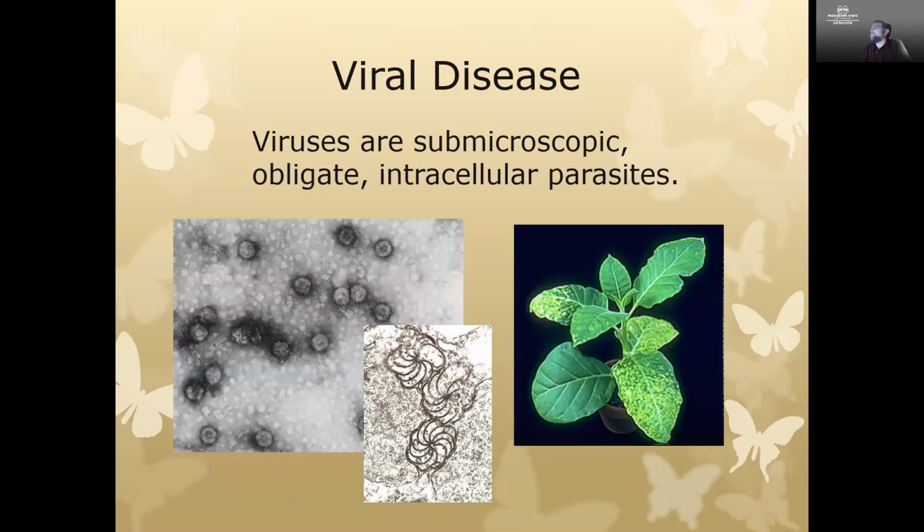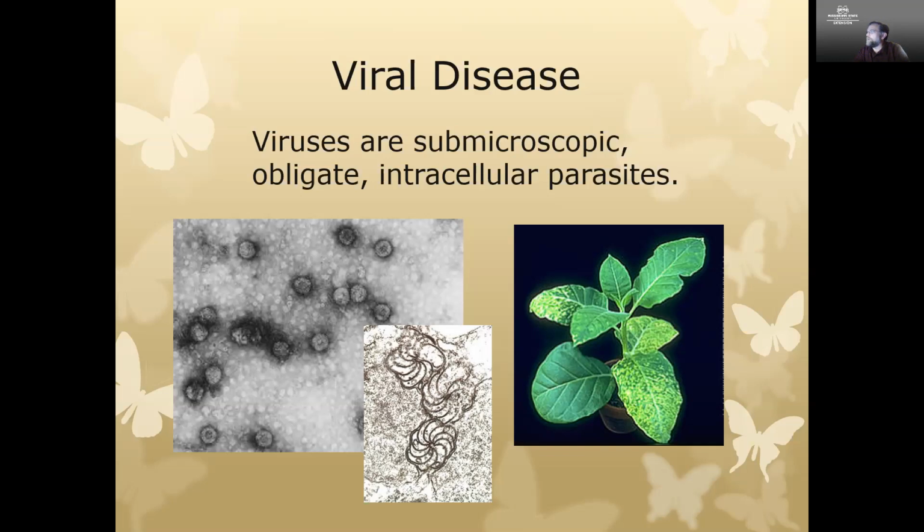When we talk about viral diseases, a virus is what we call a submicroscopic obligate intracellular parasite. So what that means is that the viruses are so small we can't even see them with a light microscope. We have to use special microscopes to see them.